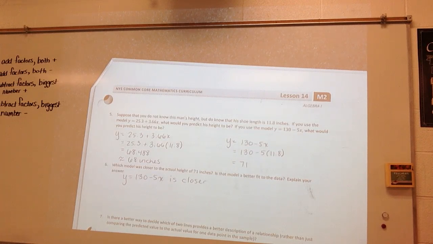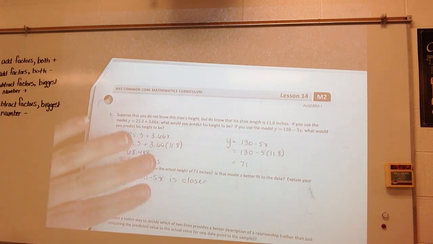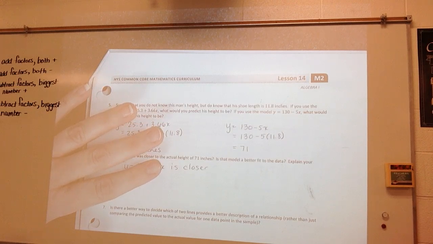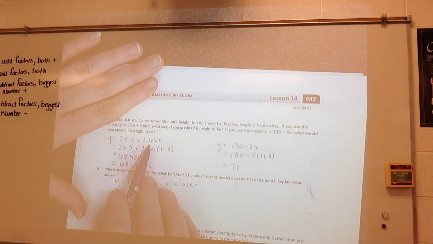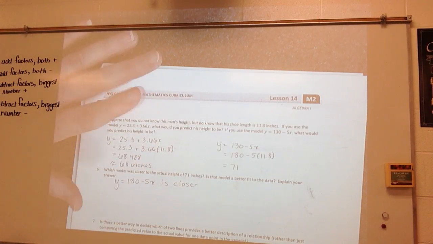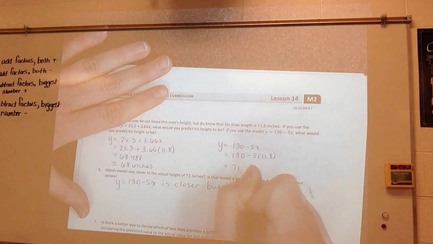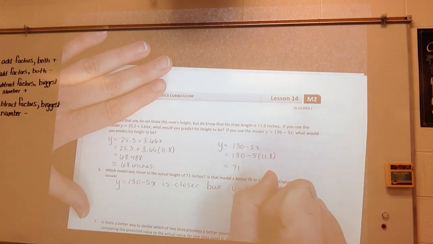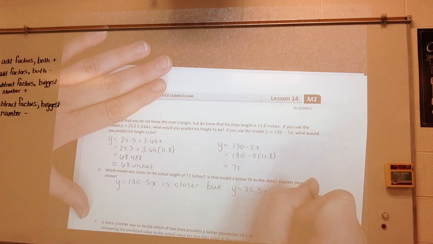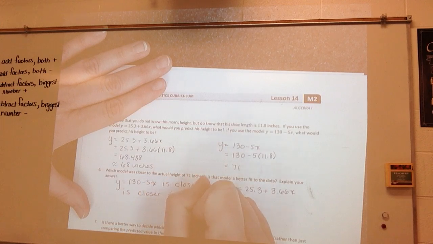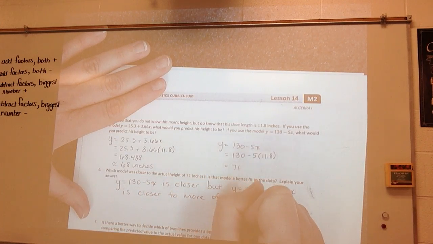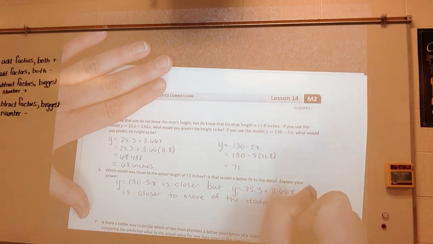Is the model a better fit for the data? And explain your answer. But that is not a better model, because this one here, y is equal to 25 and 3/10 plus 3 and 66/100 x, is closer to more of the data points.